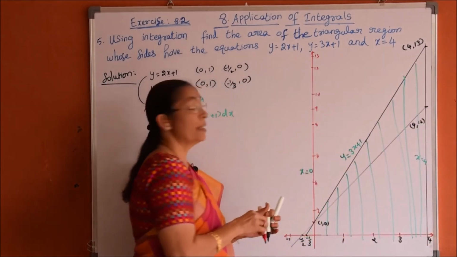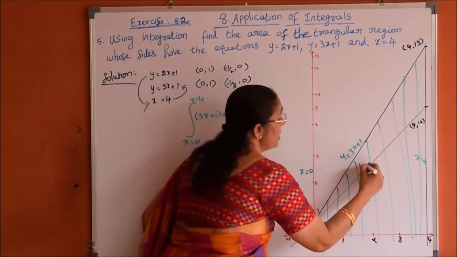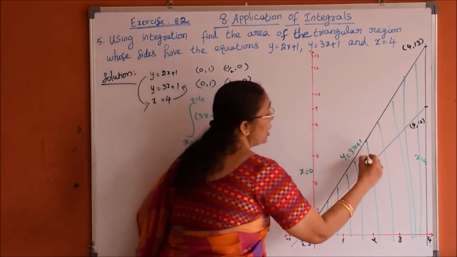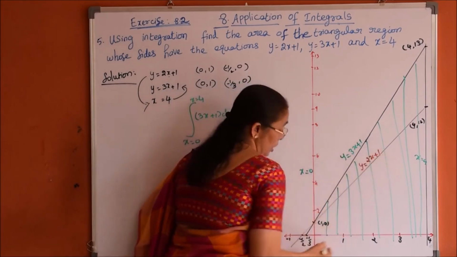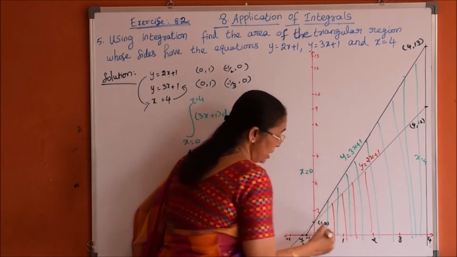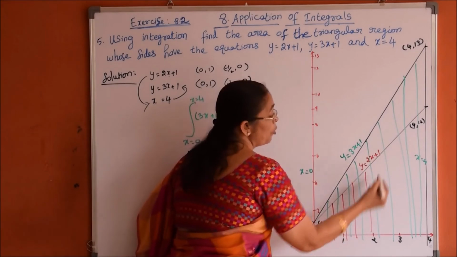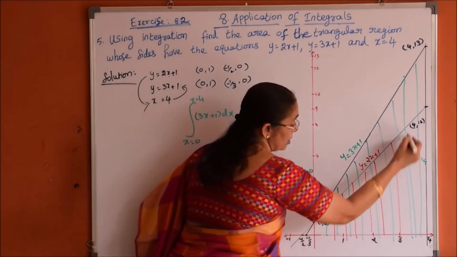So, that will give the complete area. From this, we subtract the area covered by the line y is equal to 2x plus 1, in between the lines x is equal to 0 and x is equal to 4 with the x-axis.